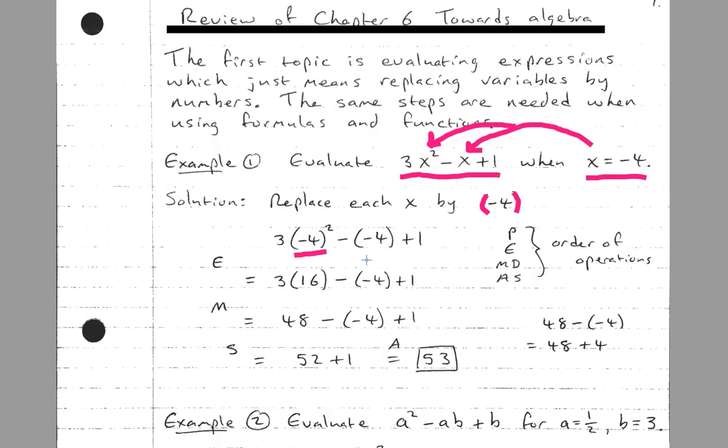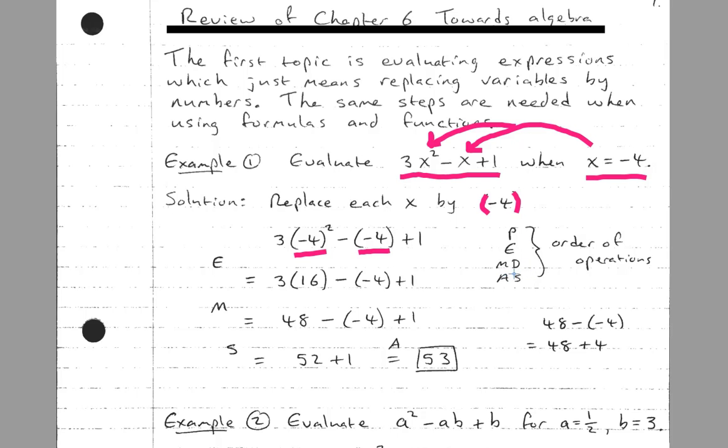Alright, so here we've done the substitution. And now we just have numbers, so now we need our order of operations. Do things in parentheses first, then take care of exponents, then multiplication and division.